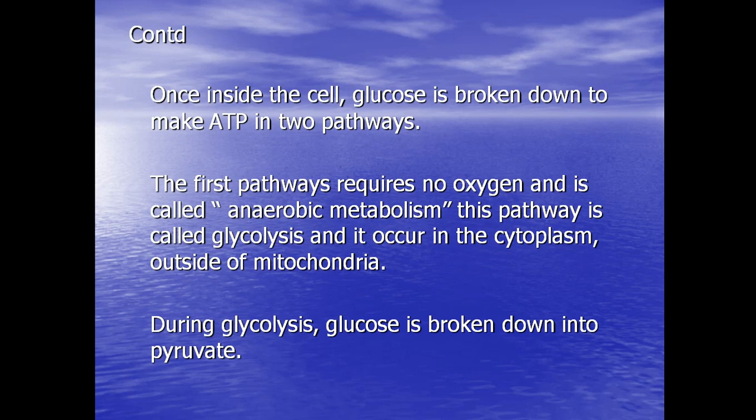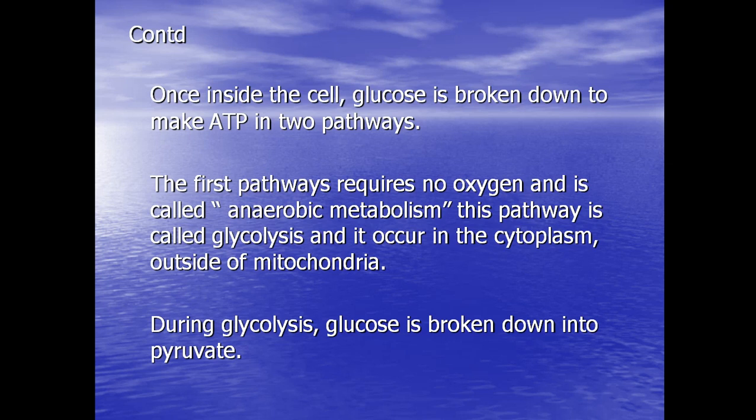Once the glucose reaches the cell, it is broken down to make ATP, adenosine triphosphate. Glucose, the most fundamental or basic carbohydrate, is being subjected to the process of breaking down to make the ATP.